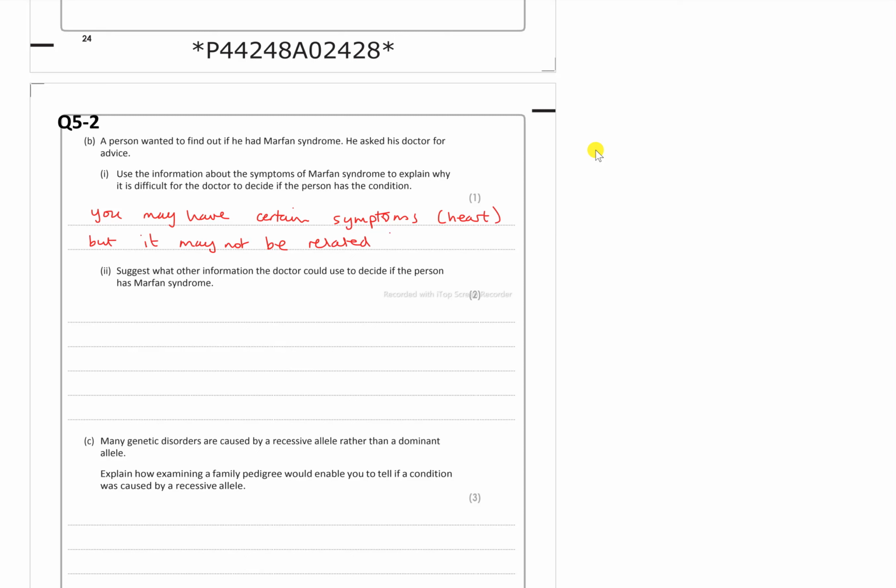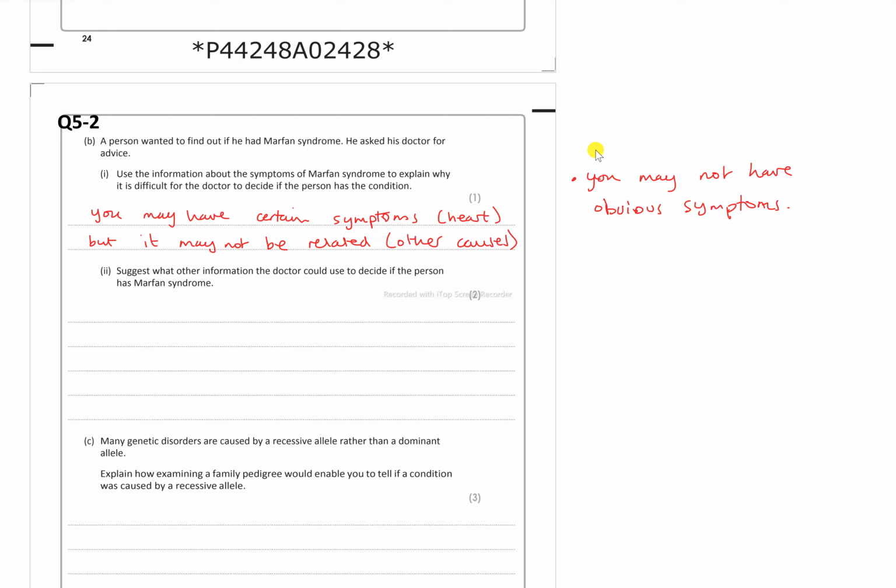There might be other causes for the heart condition, not this Marfan, right? Also, you may not have obvious symptoms and still have the condition.